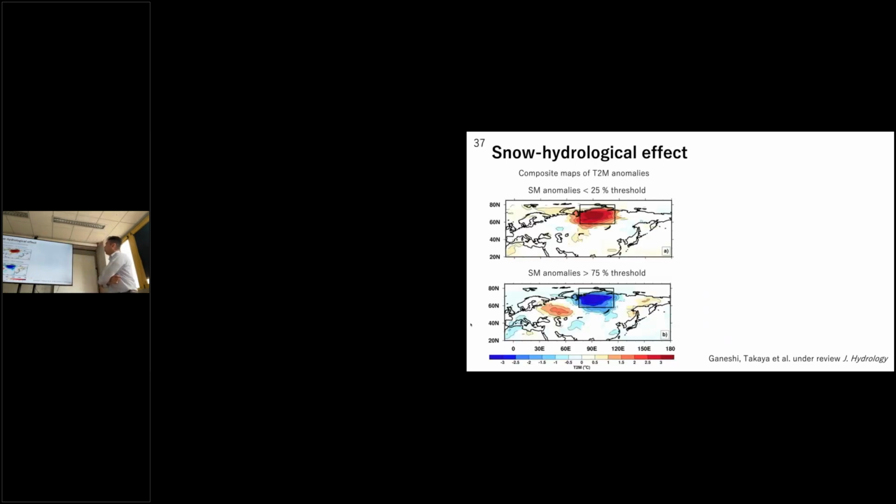Then we computed the composite map of 2-meter temperature with respect to the soil moisture conditions over this region.